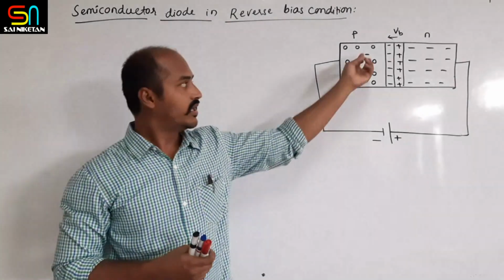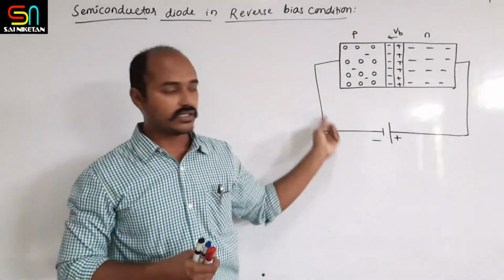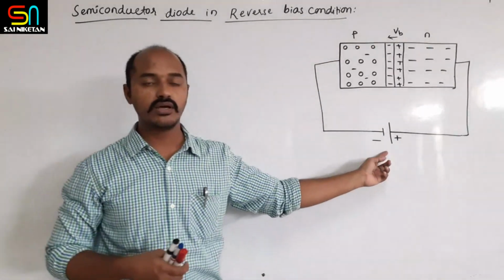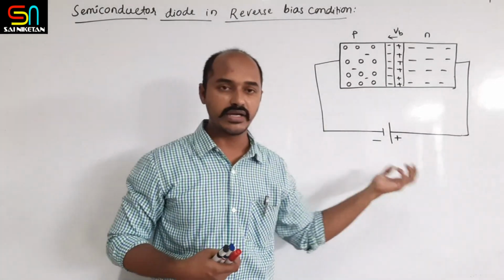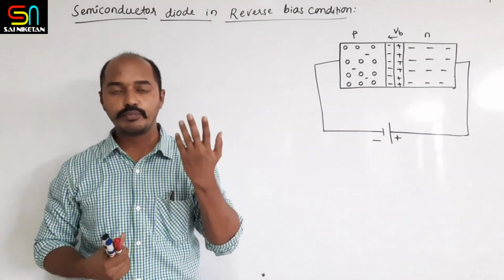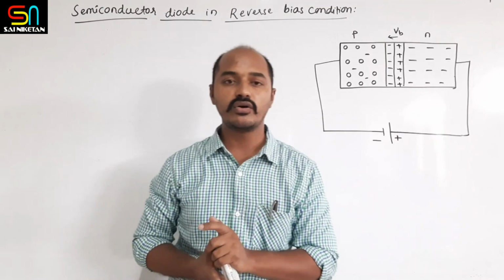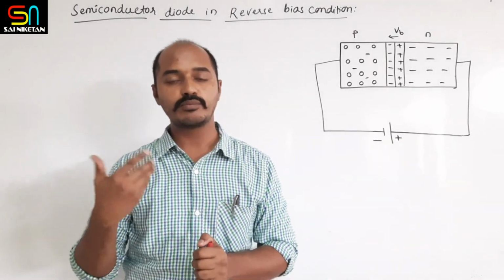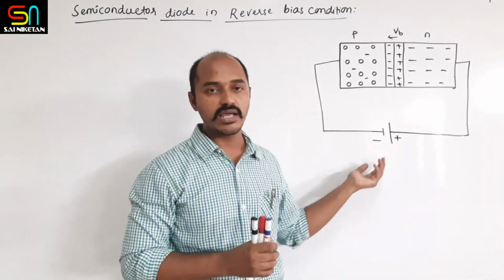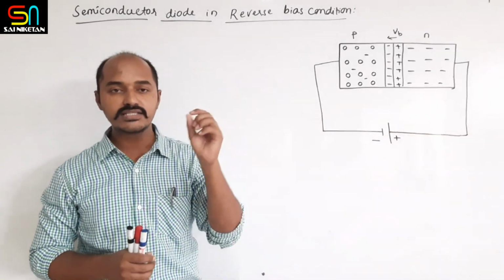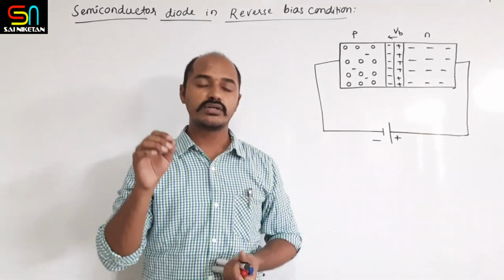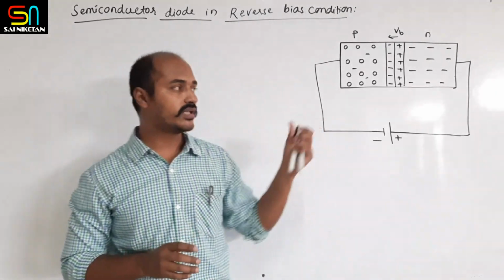Here you can see the P-type semiconductor is connected to the negative terminal of the battery and the N-type is connected to the positive terminal of the battery. This condition is the reverse bias condition.